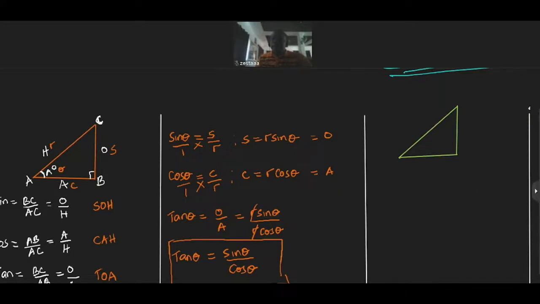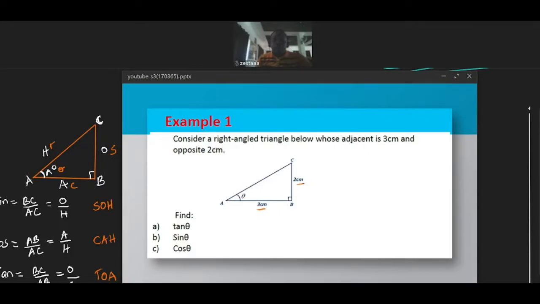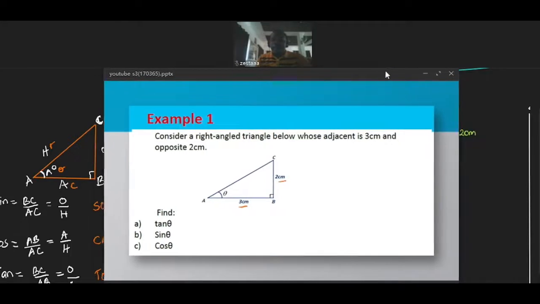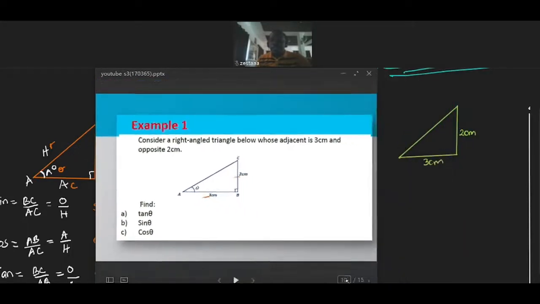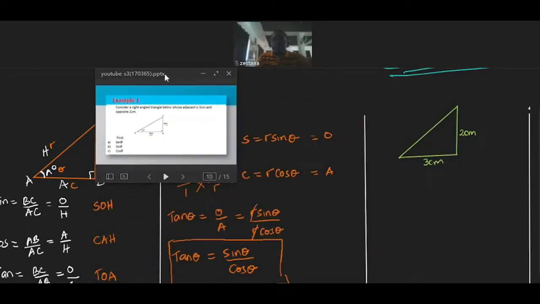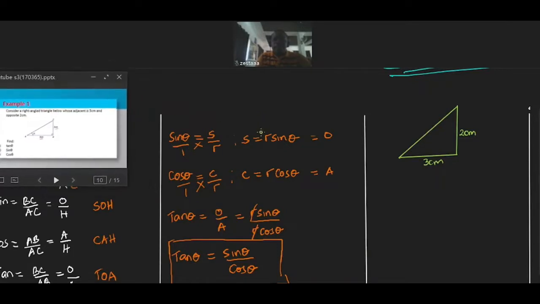Here we have 2 centimeters, then 3 centimeters, and our points A, B, and C.